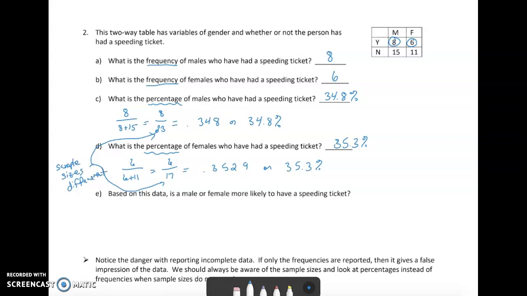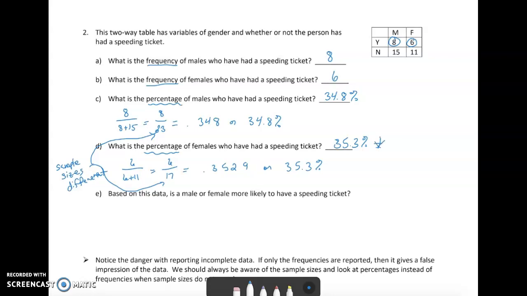So the sample sizes are different. When the sample sizes are different, you cannot simply compare the counts because naturally, if more men were asked, likely then more men will say yes. You have to compare the percentages instead when your sample sizes are different. And when we do that, there was actually a higher percentage of females.